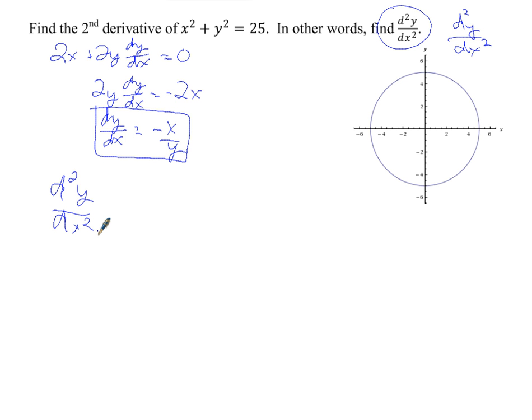Maybe that's why there's squares involved, I don't know. Okay, so we need the quotient rule. I can put the negative out front, I can put it on the numerator, I can do whatever I want. What do I want to do here? Numerator, sounds good. So, what do I have?